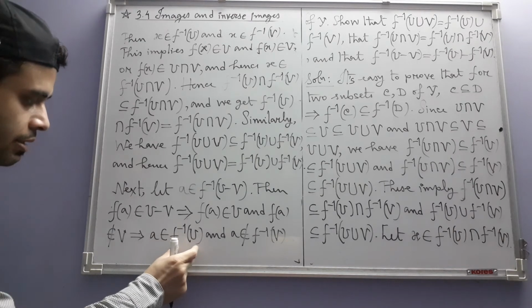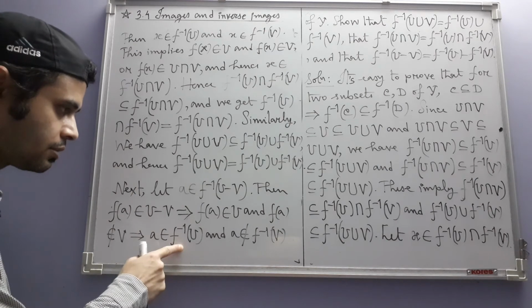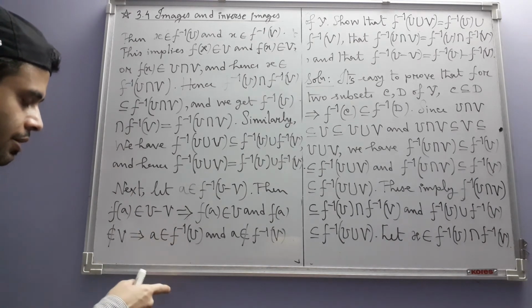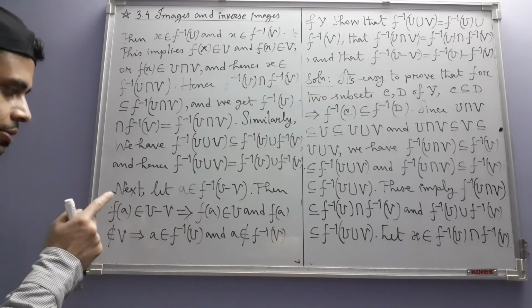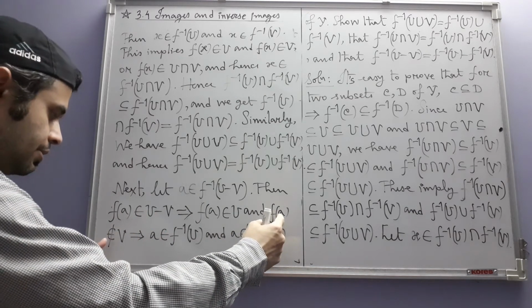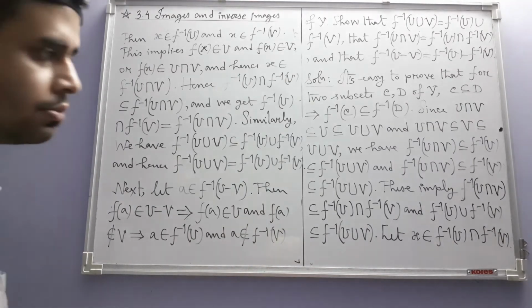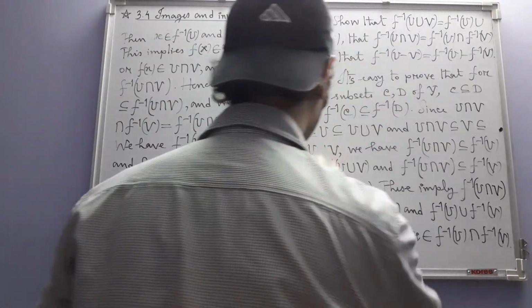It comes from the definition of inverse image of U that A belongs to F inverse of U if and only if F of A belongs to U. But what about this one? Does this thing imply this thing? Yes, but how? Let us see.